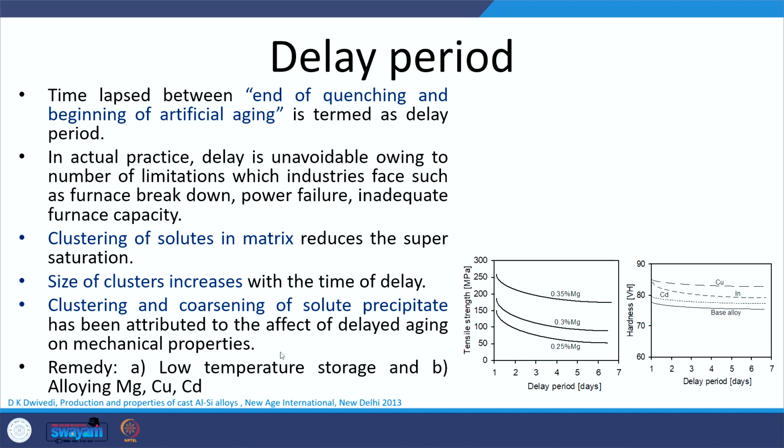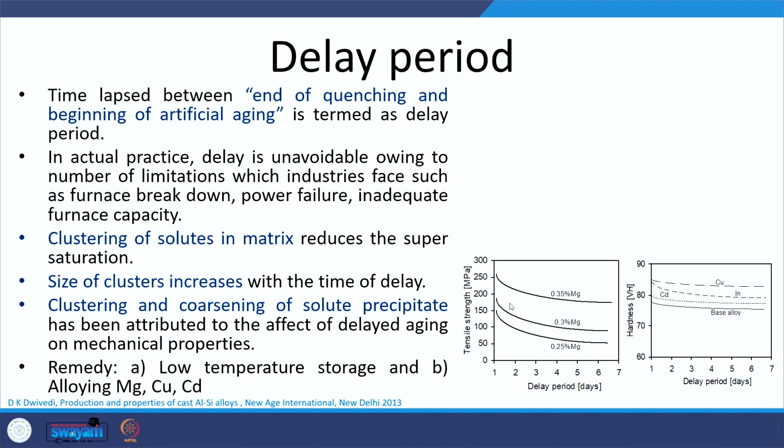Clustering and coarsening of the solute precipitates has been attributed to the effect of delayed aging on the mechanical properties. So, what is the best way to reduce the negative effect of the delay period on structure and property? After quenching, the alloy should be stored at a lower temperature so that unnecessary clustering of the solute is avoided. Also, it has been reported that addition of Mg, copper and cadmium reduces the effect of the delay period.